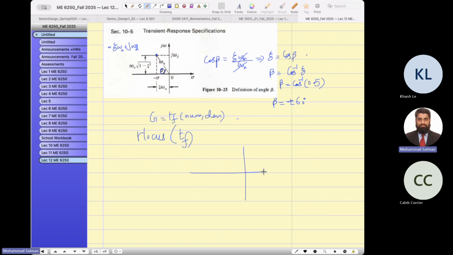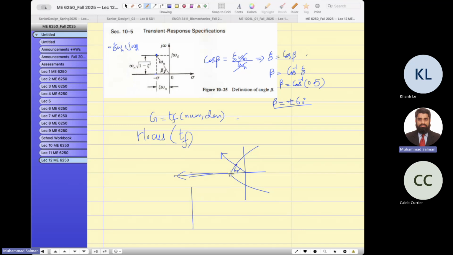Suppose this is my root locus, and then you draw a line at 60 degrees. As you see, this beta is the angle located here. Agreed? So it's 60 degrees here. So what is this location? And then you have to understand some right angle triangle form. So you have to draw a right angle.